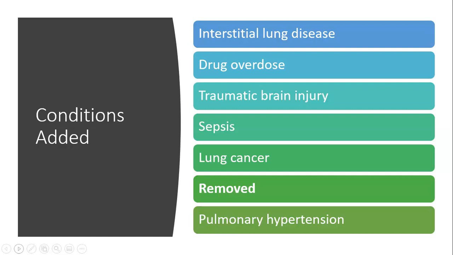I'm old enough to remember pulmonary fibrosis back in the old days. The drug overdose has pretty much always been on the TMC, but it's definitely in the matrix, so we should pay attention. TBI, sepsis, and lung cancer were added, and removed was pulmonary hypertension. There seems to be slightly less emphasis on nitric oxide in both the TMC and the CSE.